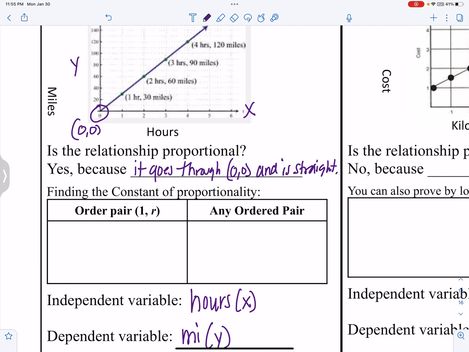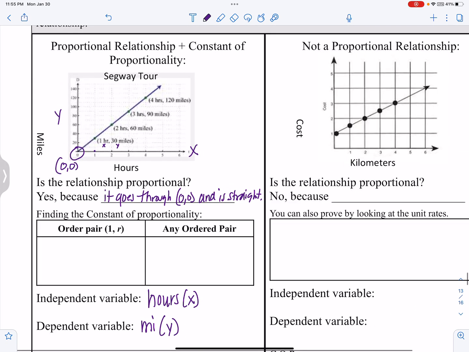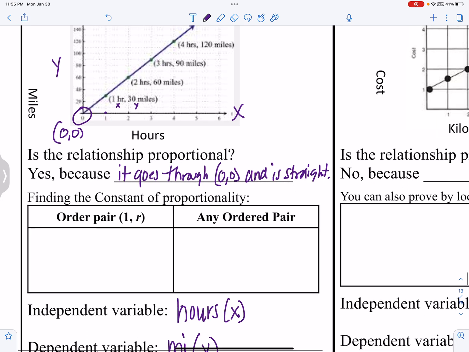So look at my ordered pairs. Here's x and here's y. When I'm at 1 hour, I've gone 30 miles on the Segway tour. So that means what do you do from x to y? 1 times 30 is 30.